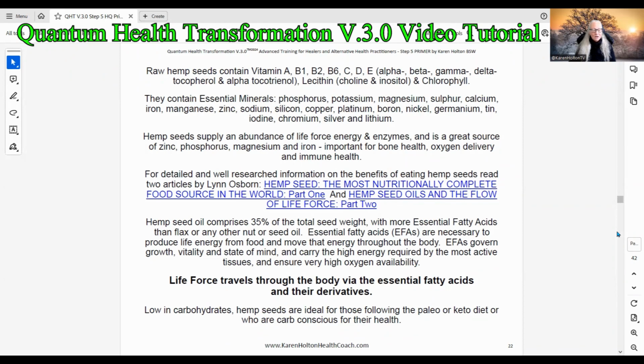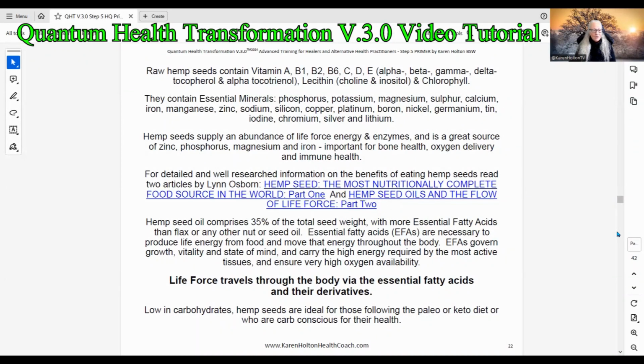Hemp seed oil comprises 35% of the total seed weight, with more essential fatty acids than flax or any other nut or seed oil. Essential fatty acids, or EFAs, are necessary to produce life energy from food and move that energy throughout the body.